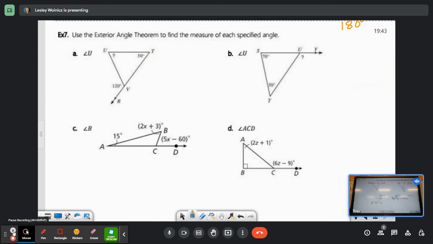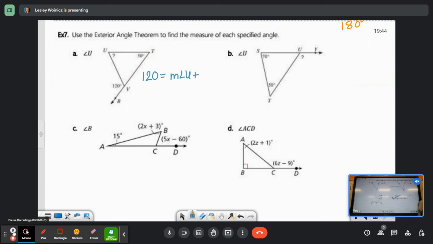So for the first one, we want angle U. So I know that 120, which is my exterior angle, has to equal the sum, that means add, of my remote interior angles. So the remote ones are angle U and angle T. So the measure of angle U plus, what is that?